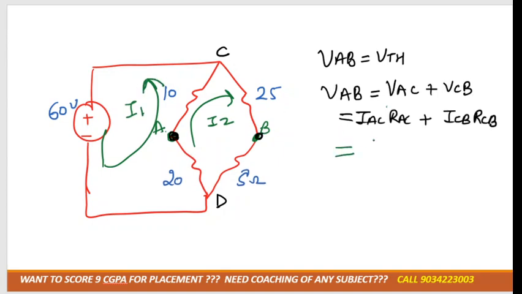So IAC would be equal to, tell me in terms of I1 and I2. No, I'm not asking the equation. In terms of I1, both are moving in the same direction, so it would be I1 plus I2, RAC is 10. Similarly, tell me ICB in terms of I1 or I2.